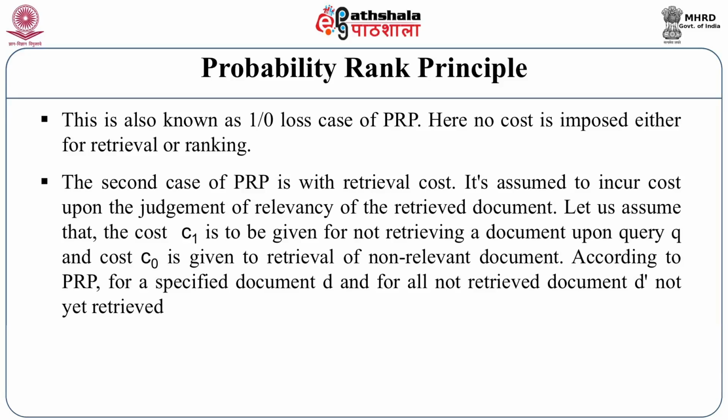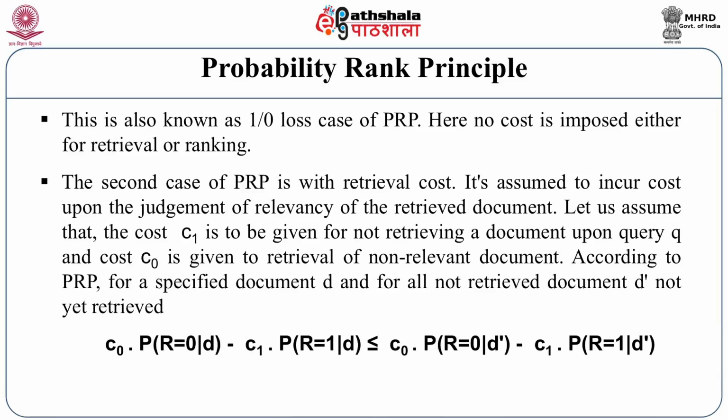According to the PRP, for a specified document D and for all not yet retrieved documents D dash, C0 times probability R equal to 0 given D minus C1 times probability R equal to 1 given D is less than C0 times probability R equal to 0 given D dash minus C1 times probability R equal to 1 given D dash.